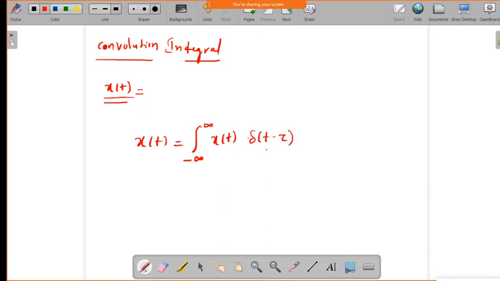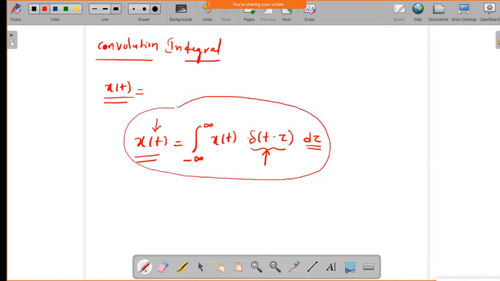This is the time shifted impulse for a particular value of time. So we can express the input signal x of t in terms of time shifted impulses, integrating with respect to the variable tau.